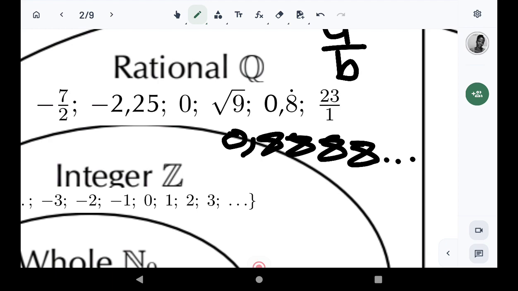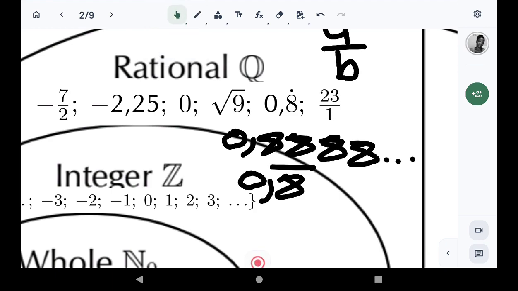You can have more than one digit repeating. As a result, you'll find dots on all those digits that repeat. Also, you can have this written as 0.8 with a bar at the top, showing you that the number 8 repeats indefinitely.